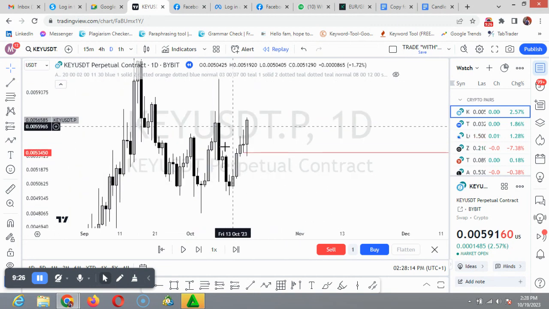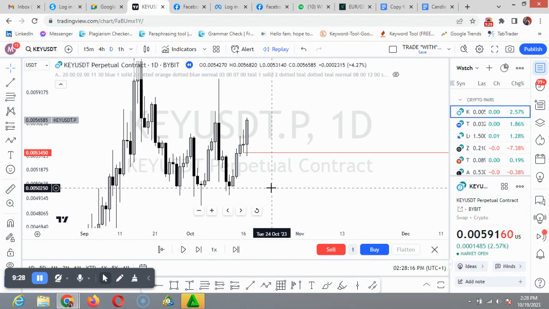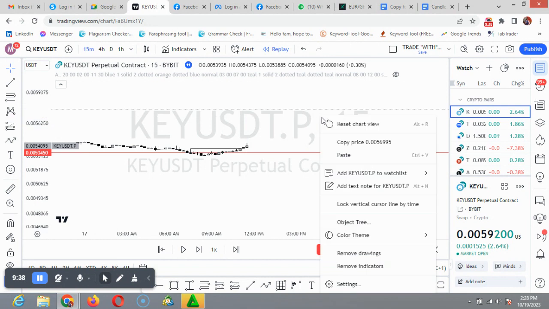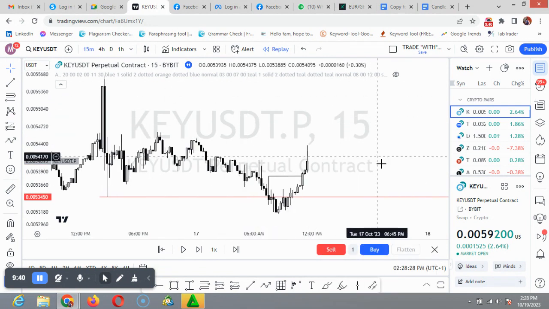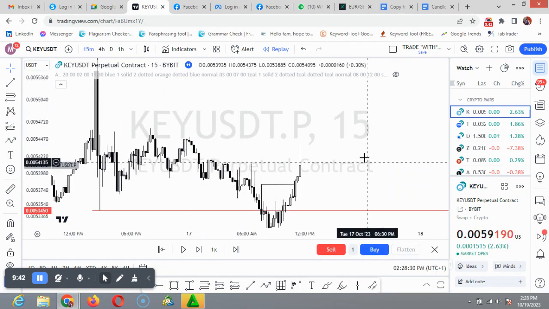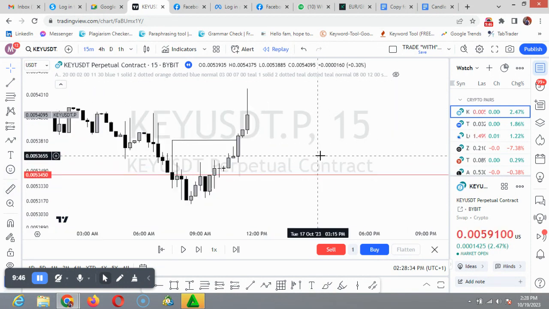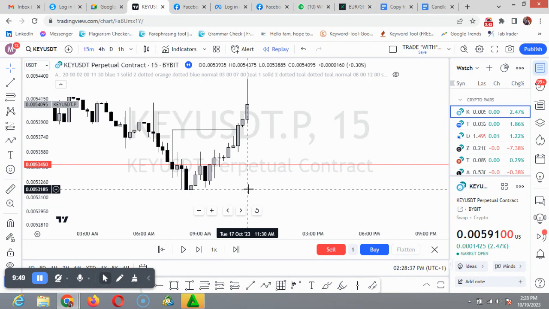So in this particular analysis, we are looking for a buying opportunity. In a buying opportunity, what we are looking out for is a demand order block. So once we have this church, you want to find your demand order block.